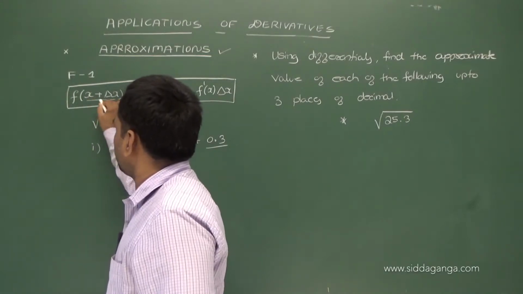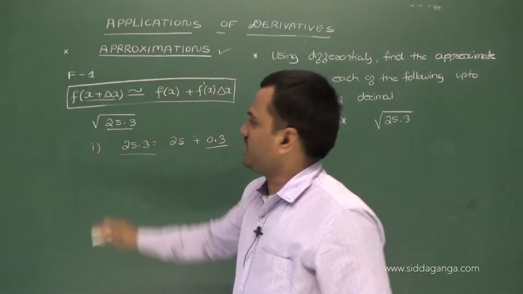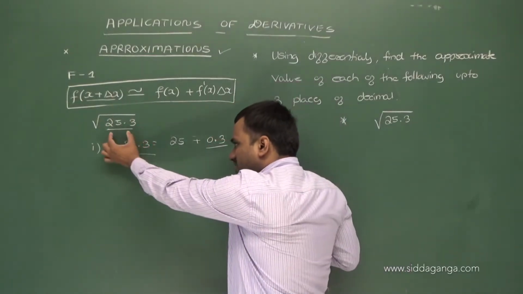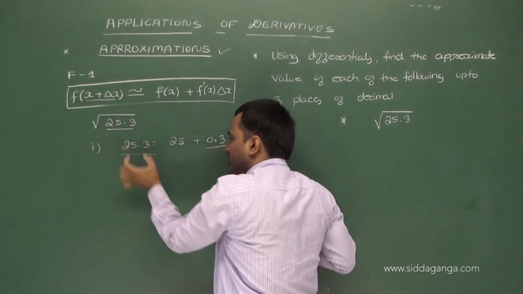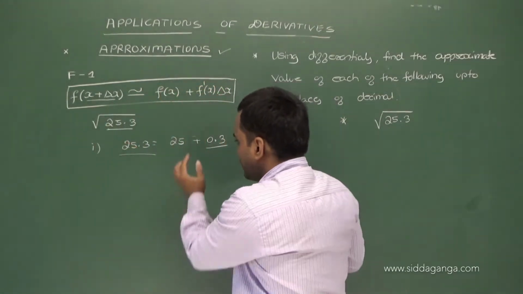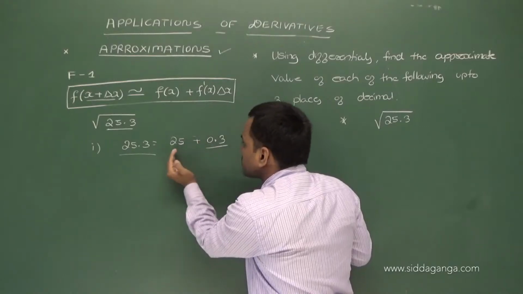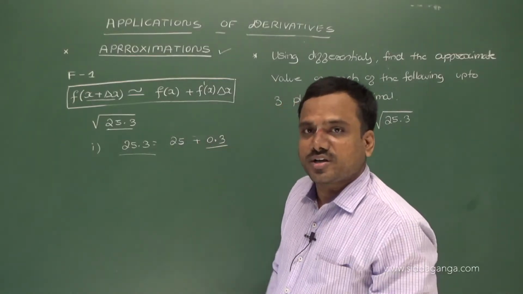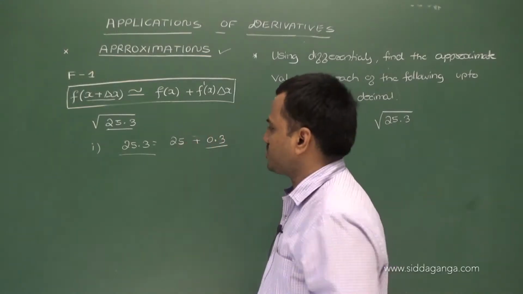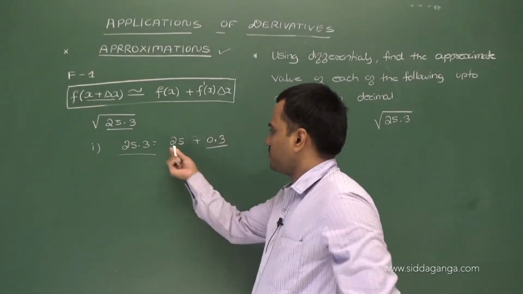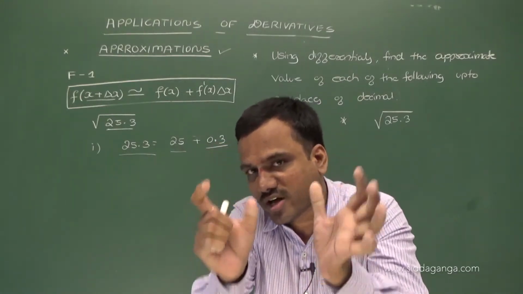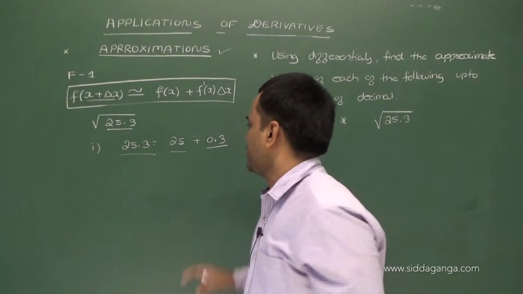Because we split into x plus delta x, f of x plus delta x. We split the quantity, what he has given the quantity, in square root, firstly, into sum or difference of two terms. Understand? Carefully observe here. The first term is exactly a perfect square number. Got my point?